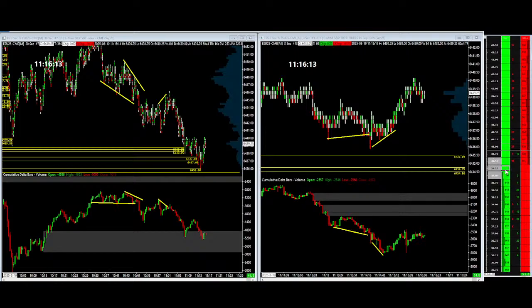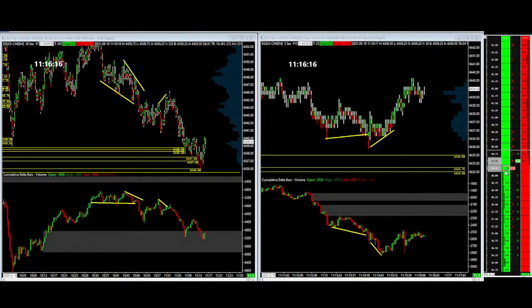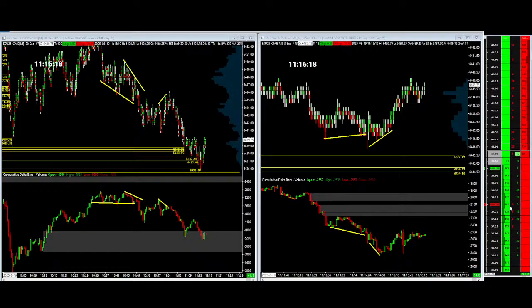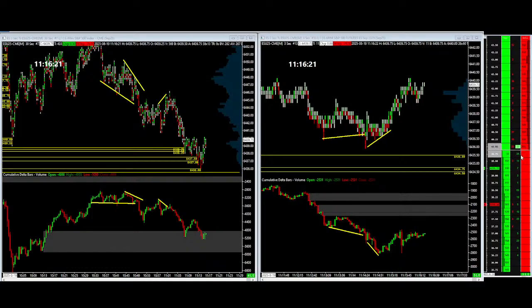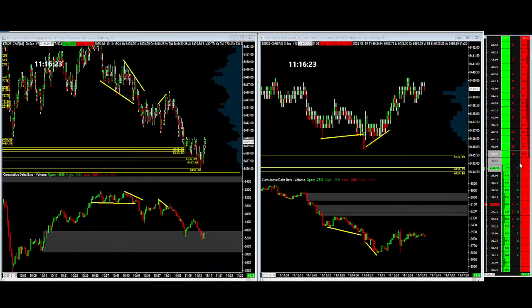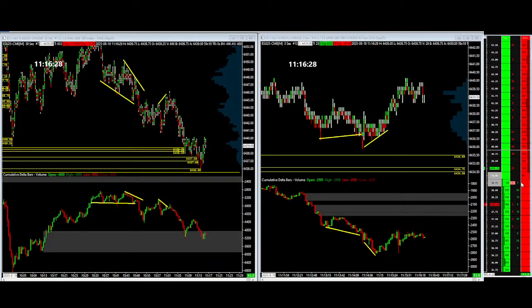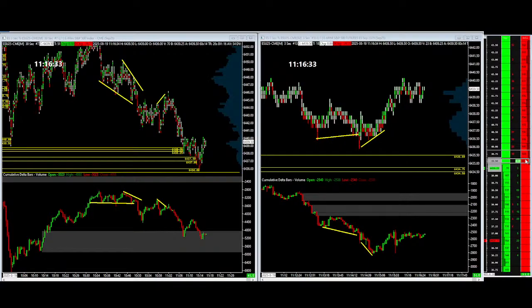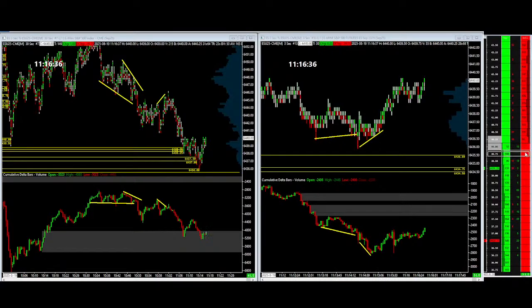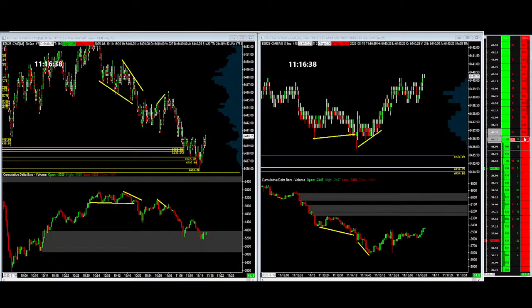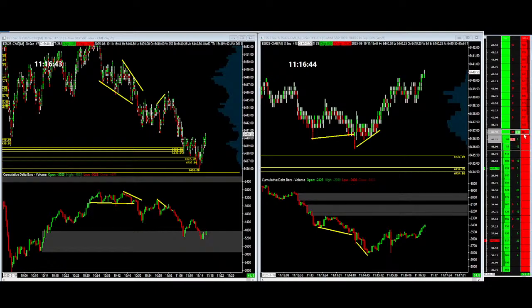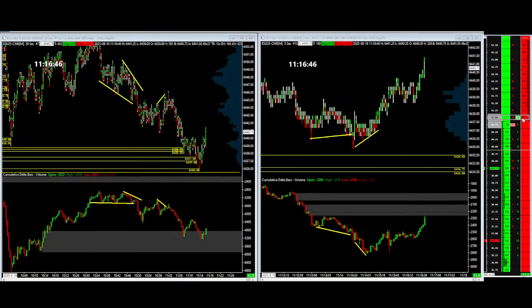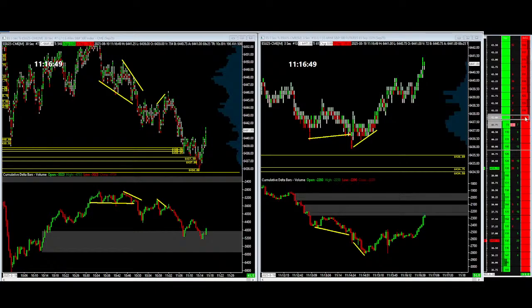They just spoofed up 3 bars. That's good. Go ahead and go for it here. 39. Got 39.75, or 25, sorry. Now we have a double R on the 30-second. 2 reclaims in a row.